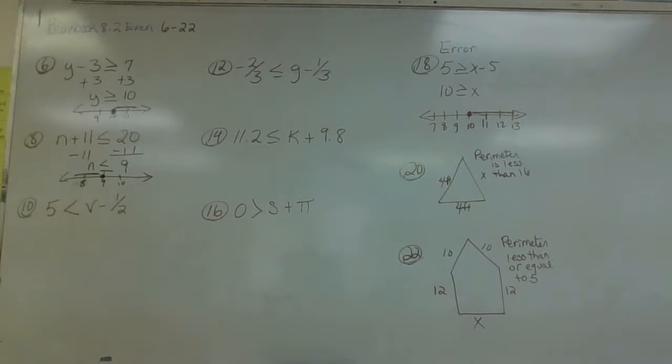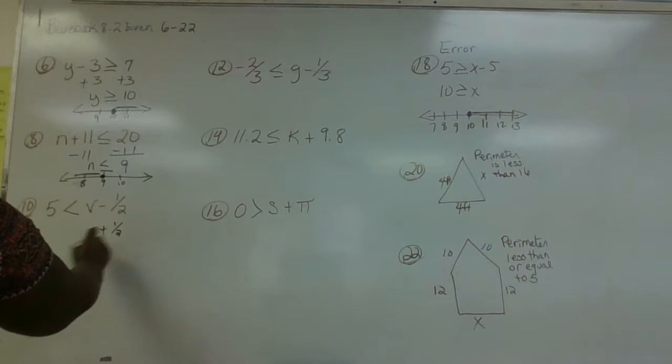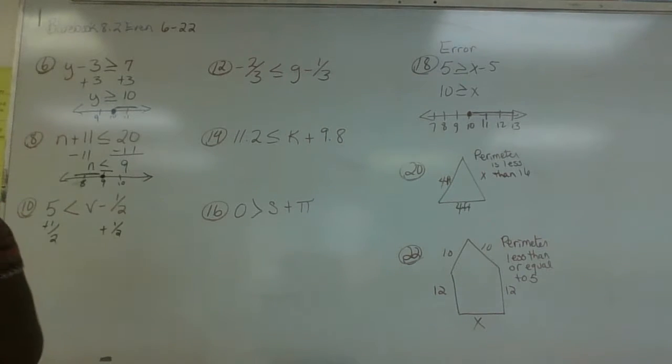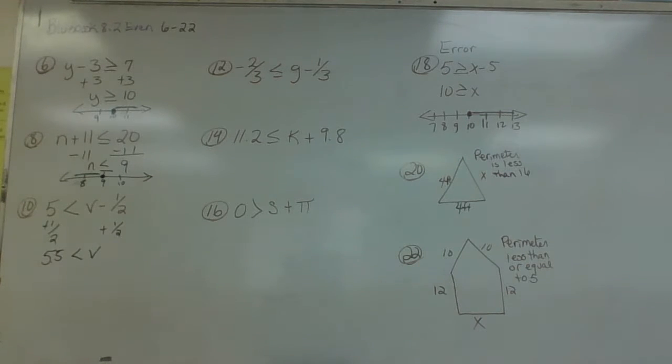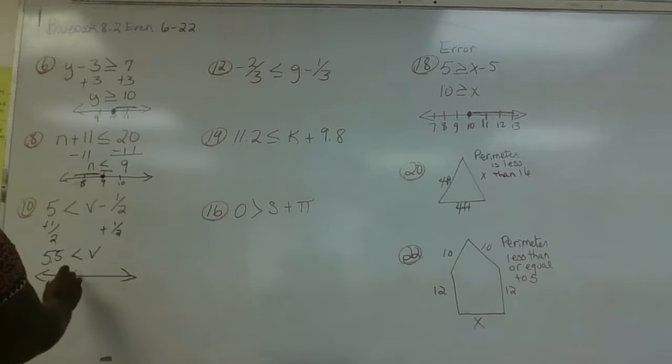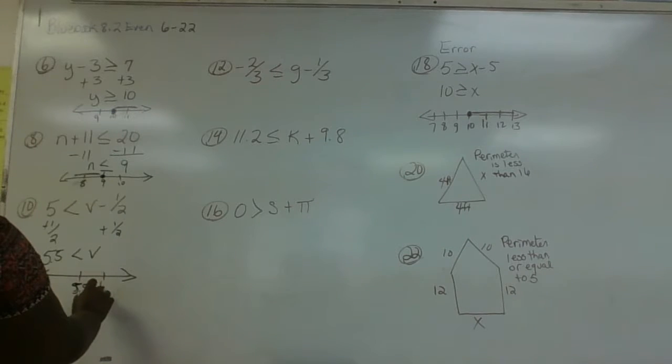Next, we have 5 is less than v minus 1/2. So we take the inverse of minus 1/2, which is plus 1/2 on both sides. So 5 plus 1/2 is 5.5, which is less than v. And so therefore we would graph 5.5. Let's go up 6.5.